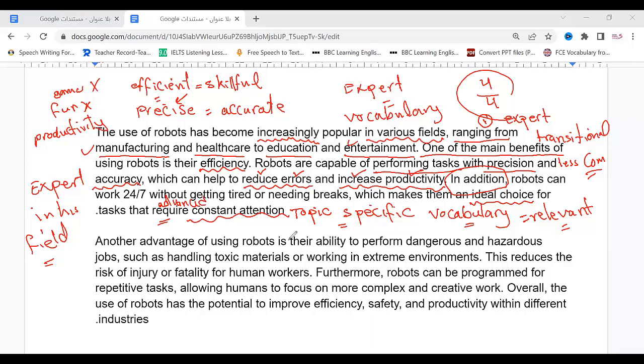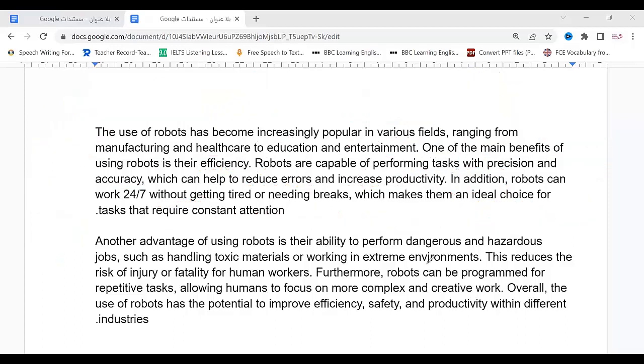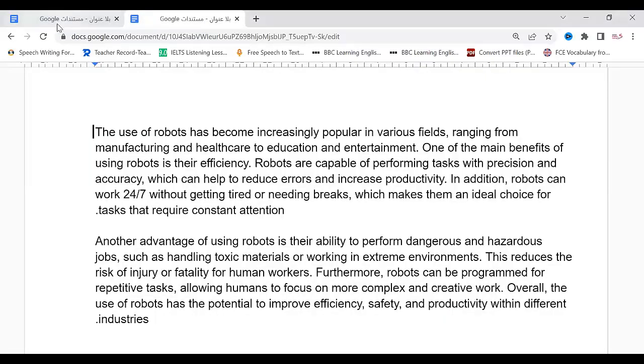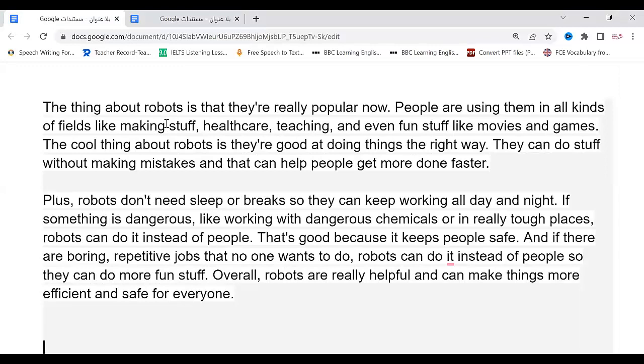If you compare both paragraphs here, you would find completely how the first paragraph, this one, is different from this one. Let's read them quickly just to remind you with the language each student used. Again, the thing about robots is that they are really popular now.